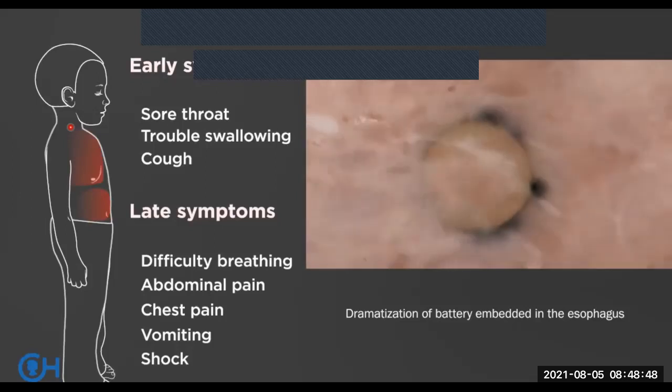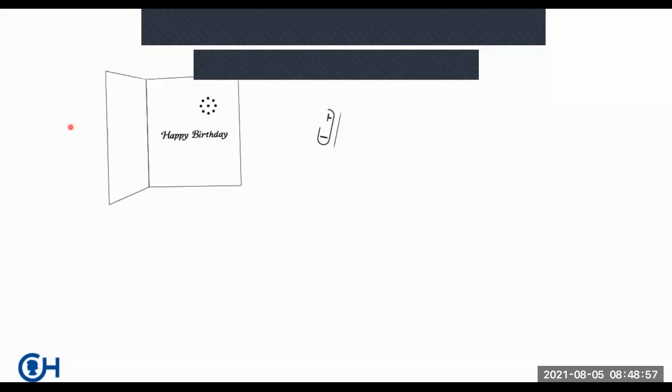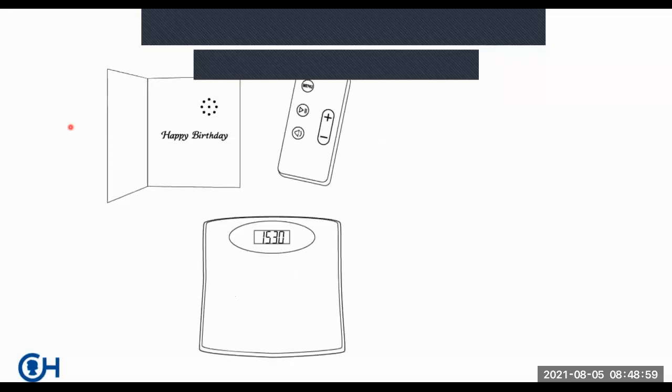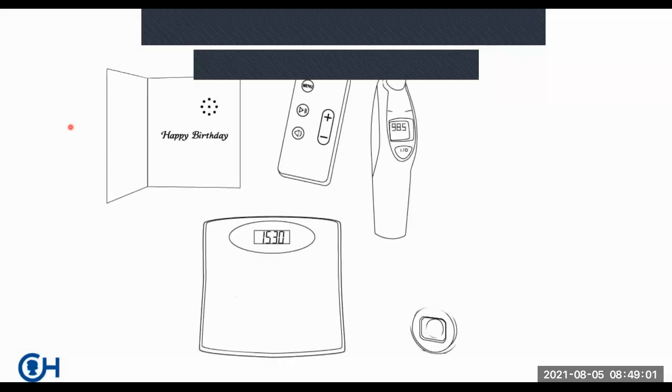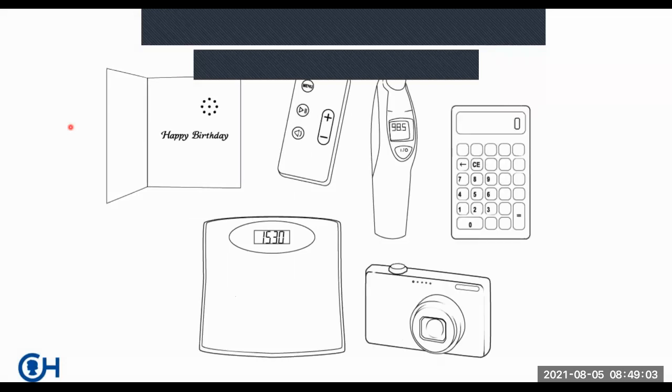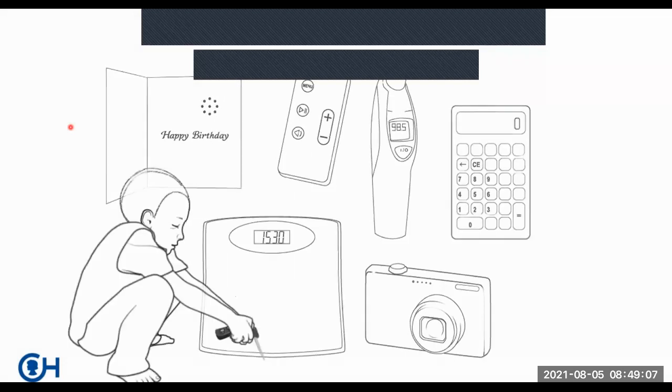If you look, you'll probably find you have button batteries in your home right now. Button batteries can be found in everyday items such as greeting cards, remote controls, bathroom scales, digital thermometers, cameras, calculators, and lots of other electronics. If you have children, it's a good idea to avoid buying things with button batteries if you can.